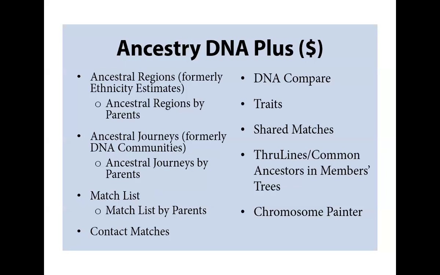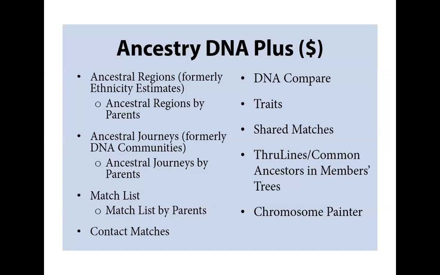Now there is an add-on for the Ancestry DNA Plus, and I'm not sure if the price has changed a little bit. I can't remember if it was a flat fee or not, so I won't quote the price here. But basically, now you have more options. In addition to having your results broken down for ethnicity and communities, it also allows you to break down approximately where the breakdown is by parent.